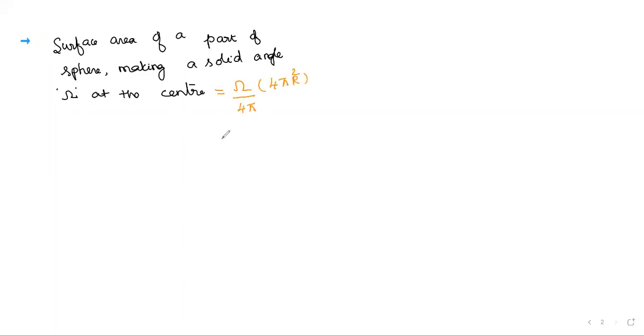That is simple: if you cancel 4 pi and 4 pi, omega into r square.